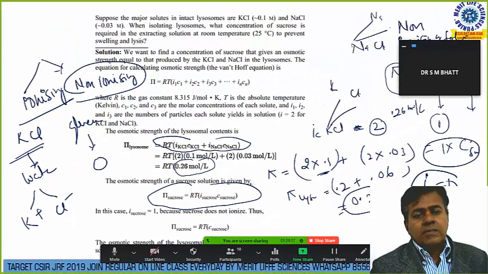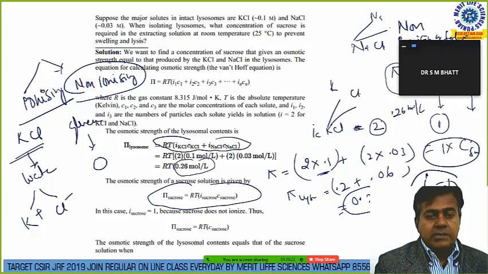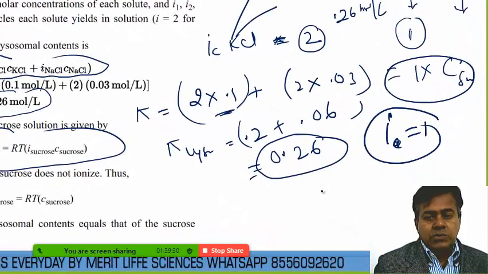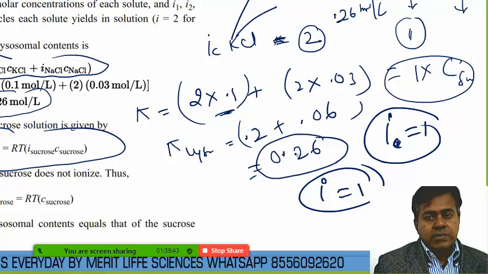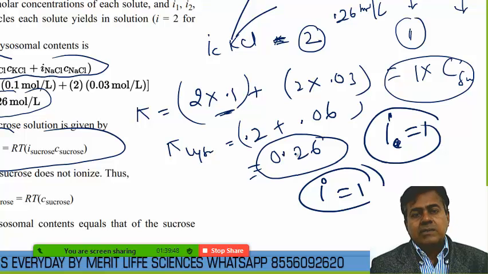Zero, right? Zero means whatever concentration you took, it is ionized into 0. So we always assume I is equal to 1, not 0, because they remain there. Got the idea? You can take examples: sucrose, starch, glucose, right? All these are very good examples of non-ionizing solutes.